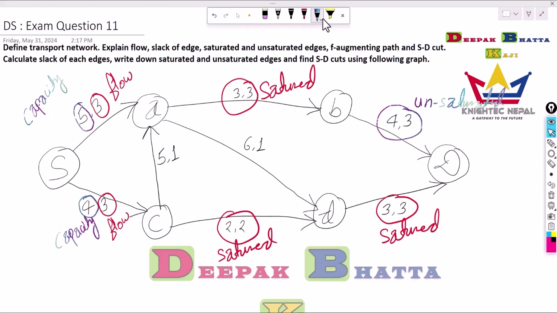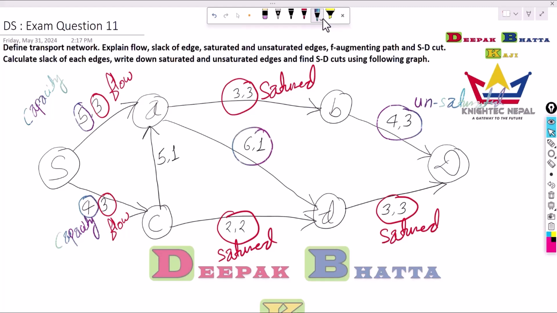As per the definition, unsaturated can be defined as the flow through the edge is less than the capacity of the edge. So this flow is less than 6, so this A to D is unsaturated.